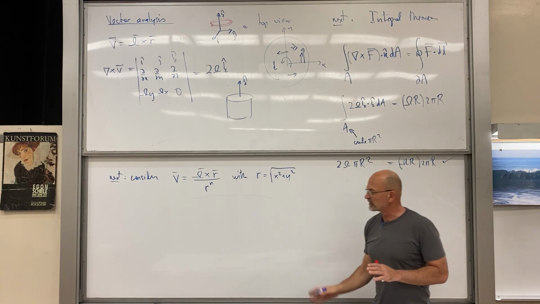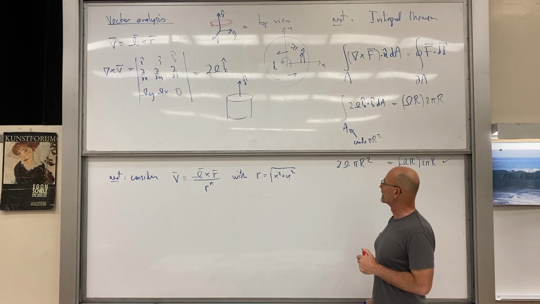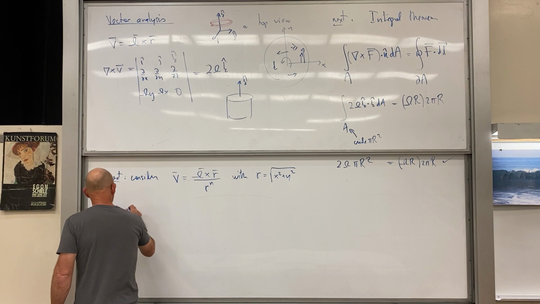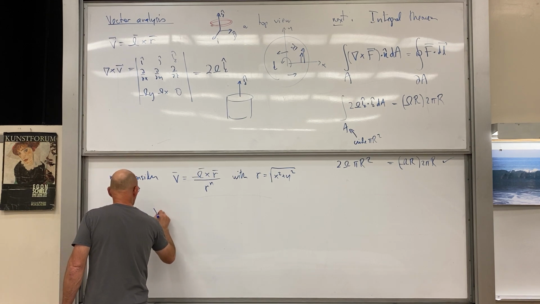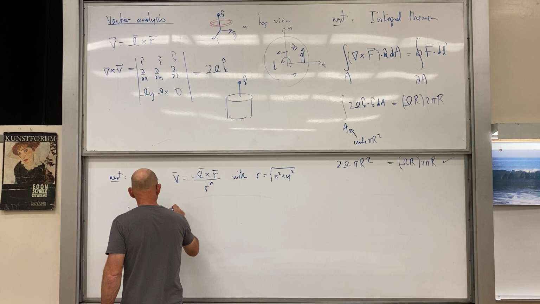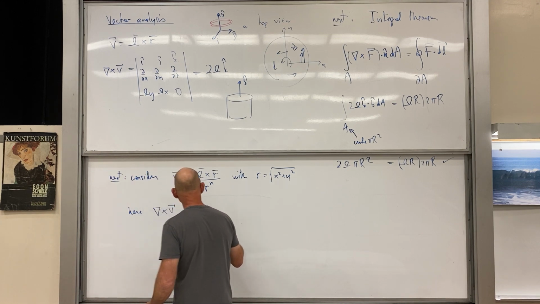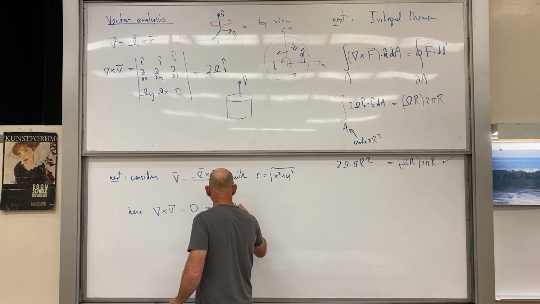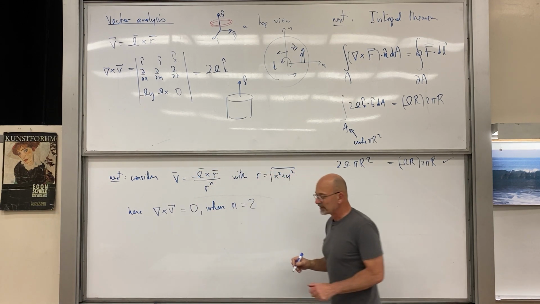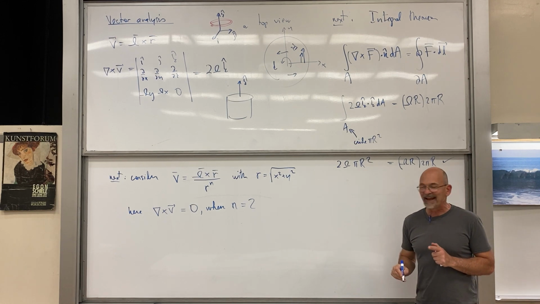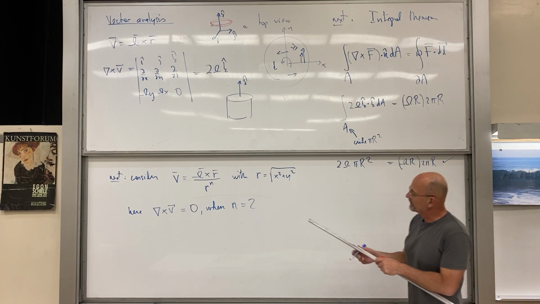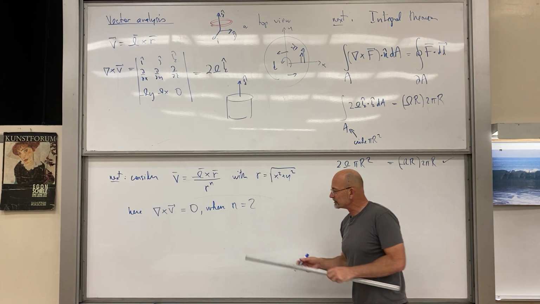We're not worrying about the z component here. What you can show is here the curl of V is equal to 0 when n is equal to 2. That's actually a special case of this thing. Curl of V is equal to 0 when n is equal to 2.